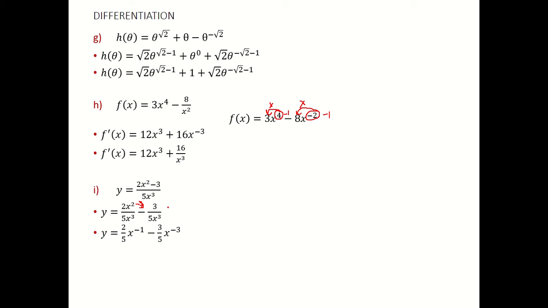And then you just apply the exponent rules that I've taught you. So you will simply say this times that is negative 2 over 3, and then you minus 1 from that. Negative 3 times negative 3 over 5 is positive 9 over 5, and then you minus 1 from minus 3, it will be minus 4, and you can't leave that as a negative exponent, so you will just simplify it that way. Okay, now moving right along.